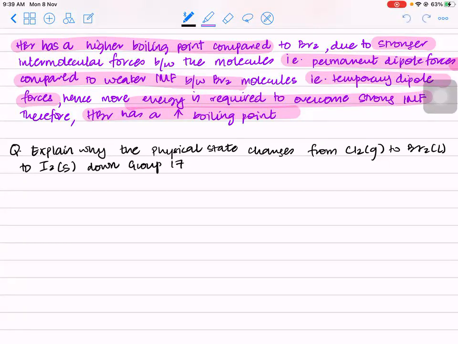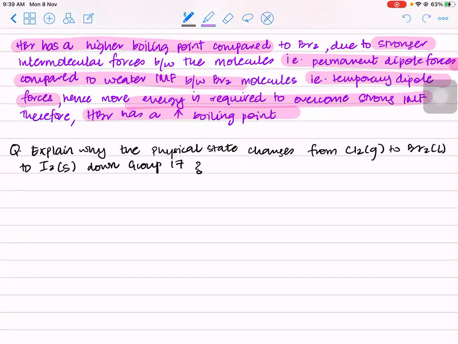So why does it go from gas to liquid to solid? We know physical state also depends on what? Intermolecular forces. The stronger the forces, the physical state would be solid. So if iodine is solid, can we say this has stronger forces?